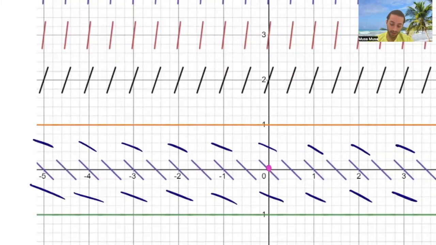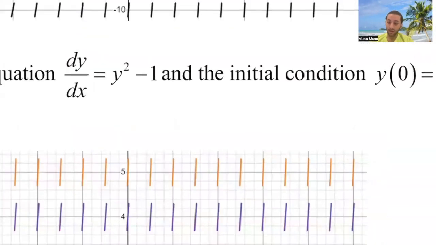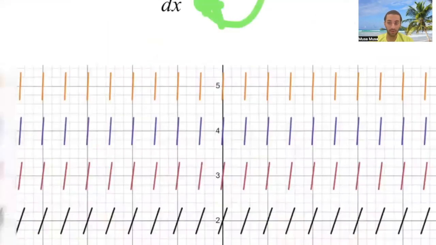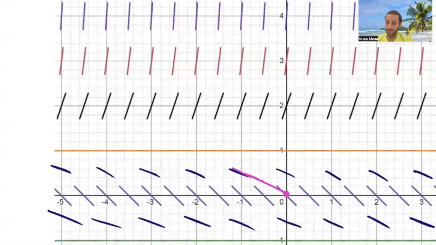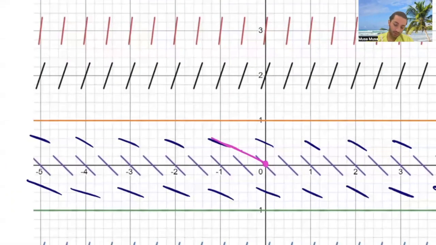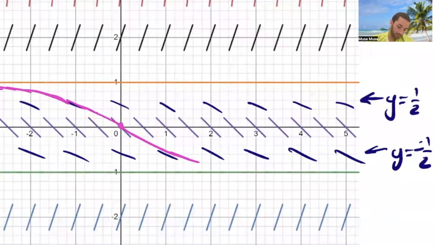Because I'm starting here, I can sort of tell that as my y approaches 1, this starts to approach 0. So it's saving me from adding extra slopes. Because as y approaches 1, y squared goes closer to 1, and therefore it goes closer to 0. So this is what my function is going to look like. Okay.